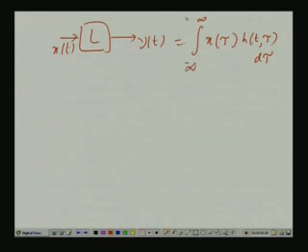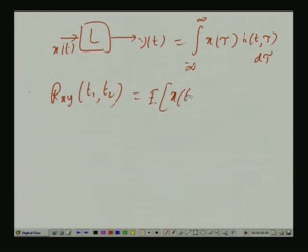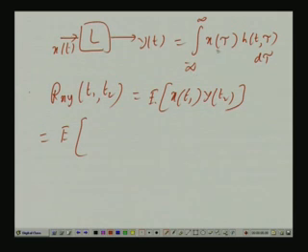So, for the linear case, suppose you want to find one cross correlation function R_xy(t1, t2), that is expected value of x(t1) y(t2). What is it? Now, y(t2) we know, we put in the formula, that is the integral of x(tau) h(t2, tau) d tau, and x(t1) multiplying that.